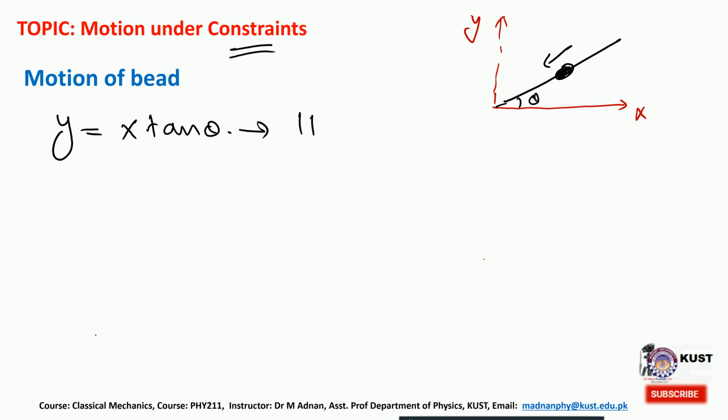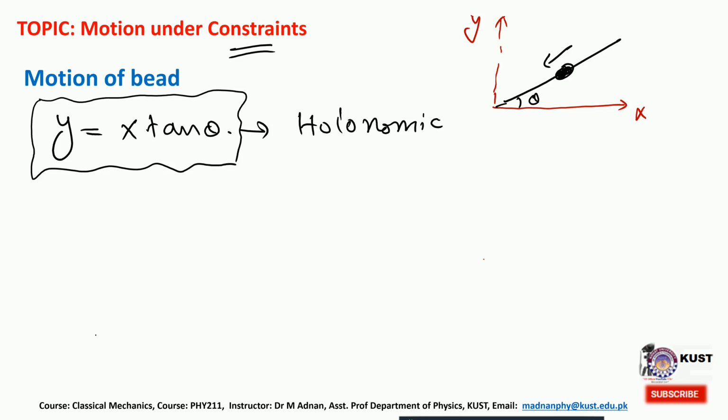Now this is again a holonomic constraint, and since the equation of constraint is time independent, out of the holonomic constraint, this is a scleronomic constraint.